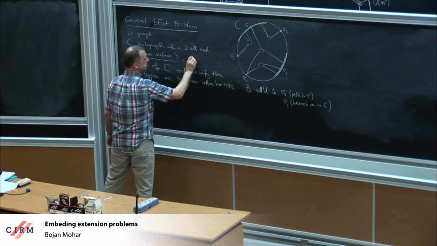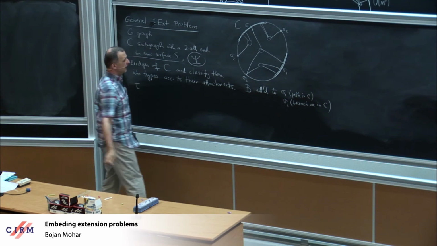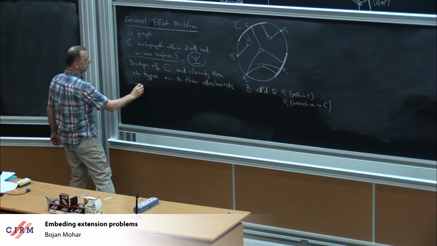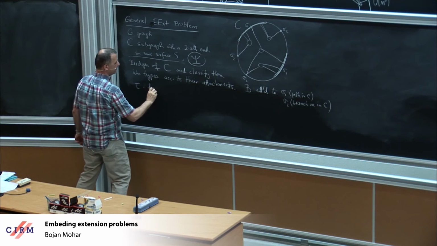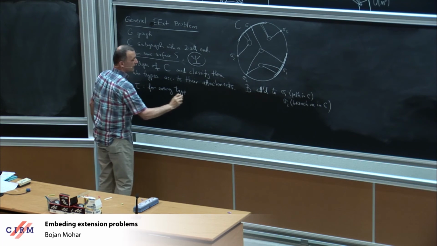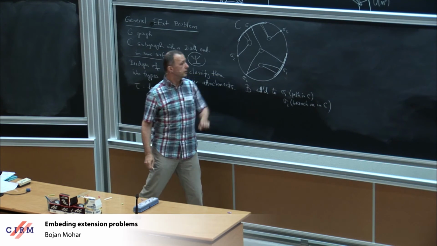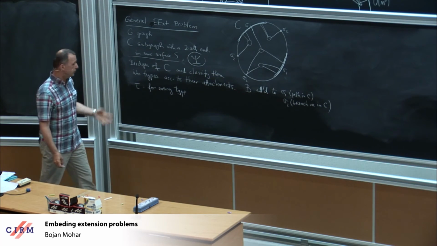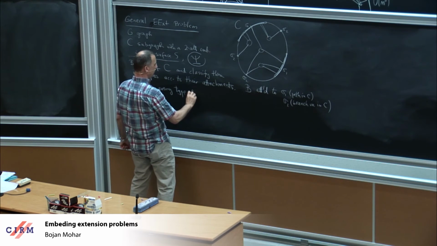Let's say psi would be this embedding, and then tau would be for every bridge type. So a bridge is attached to these two, to sigma 1 and sigma 2, for instance, every type of bridges.